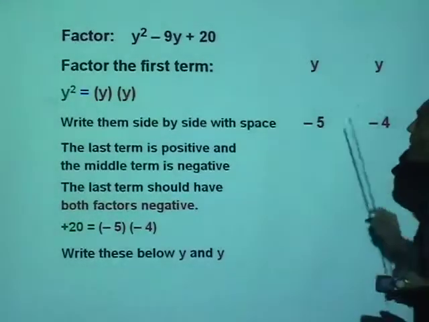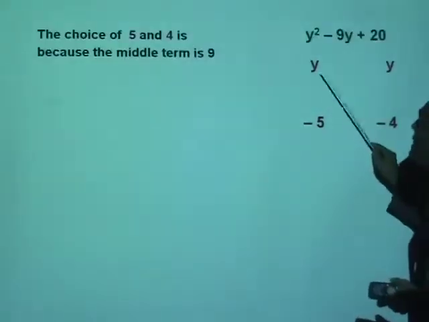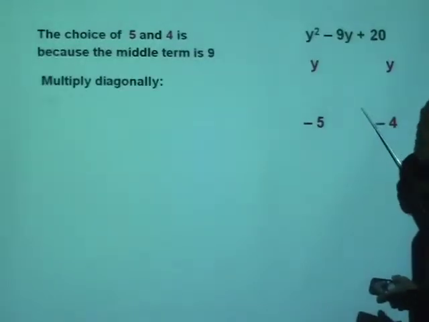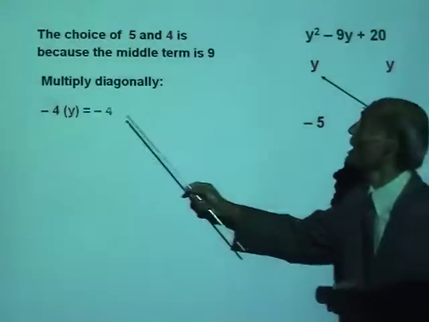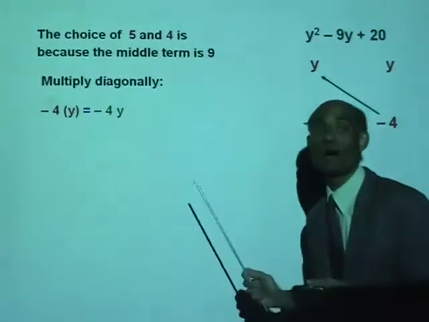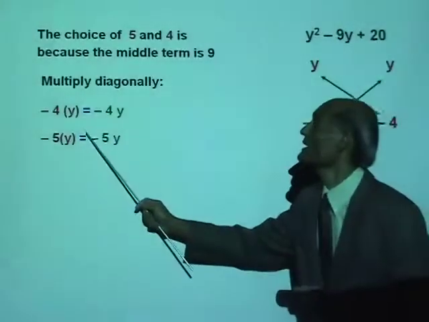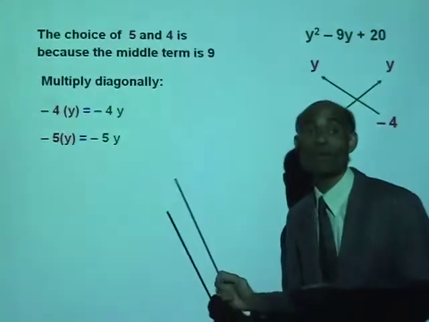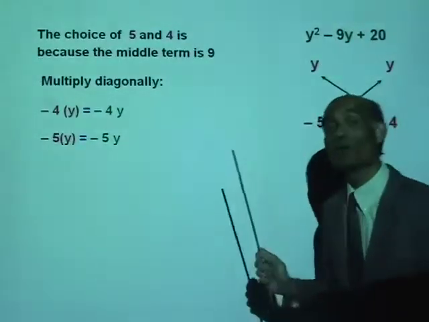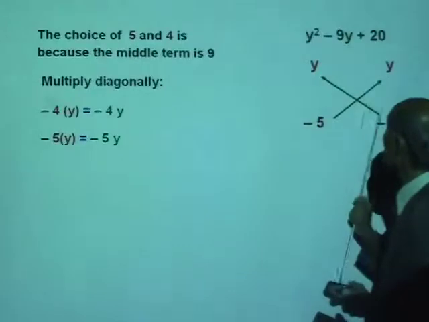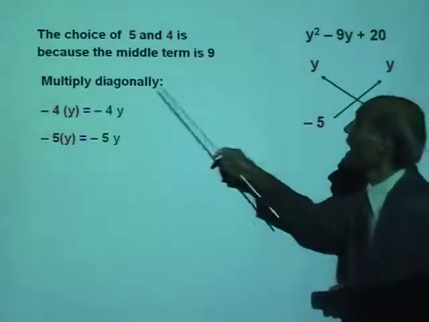What is the next step? Multiply diagonally. Negative 4 times y is negative 4y. Negative 5 times y is negative 5y. Now after multiplying diagonally, add them.